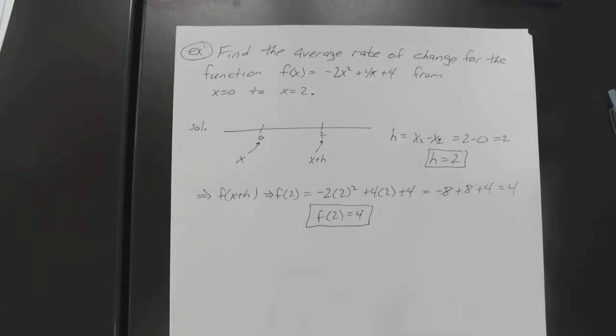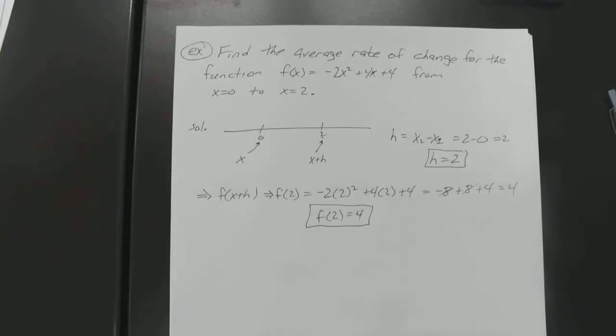Yes? How do we find out that f of x plus h was f of 2? Oh, because that's your initial point, that's 0, and that's going to be your x. And then your x plus h is just your x value plus the distance. So all we did was just calculate the distance.